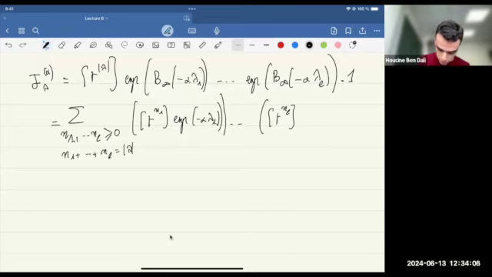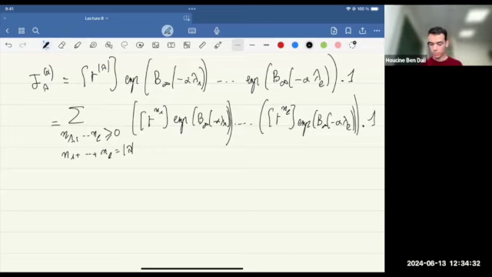There is a missing b infinity here. So it's the exponential of b infinity of minus alpha lambda 1, and this is applied to 1.